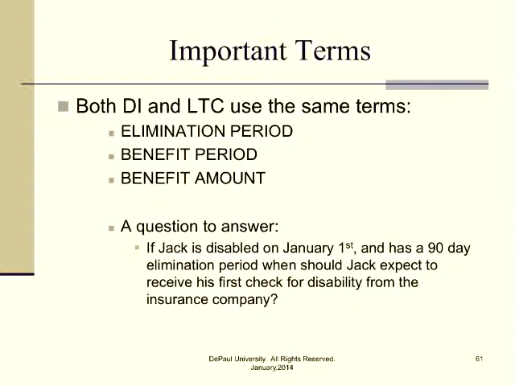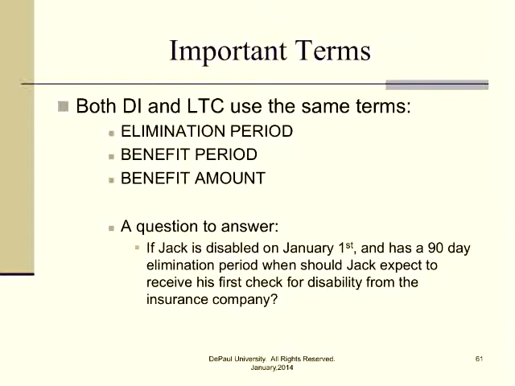So if you have a 90-day elimination period with a 5-year benefit period or a 60-month benefit period, that elimination period says you were disabled on the 1st of January. 90 days later, about the 2nd of April, that's all of January, all of February, all of March, you start accruing benefits at the rate of 1/30th per day.